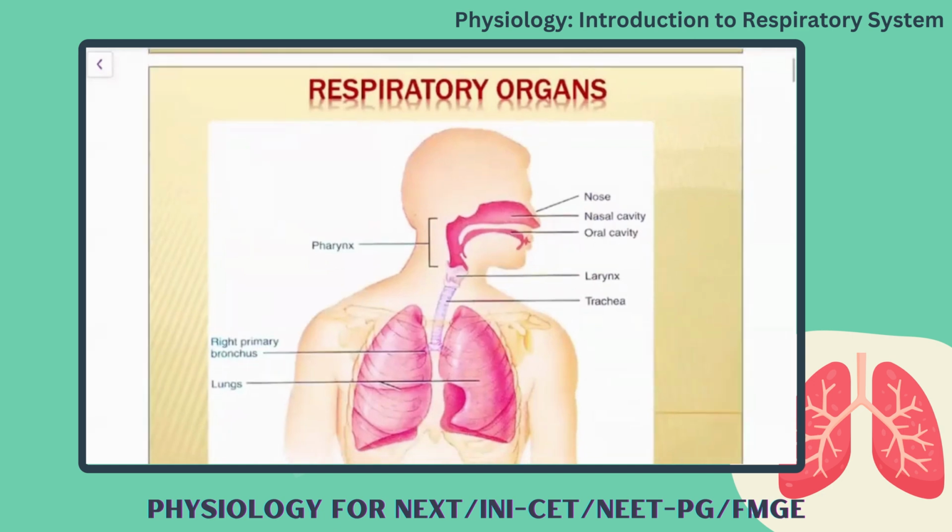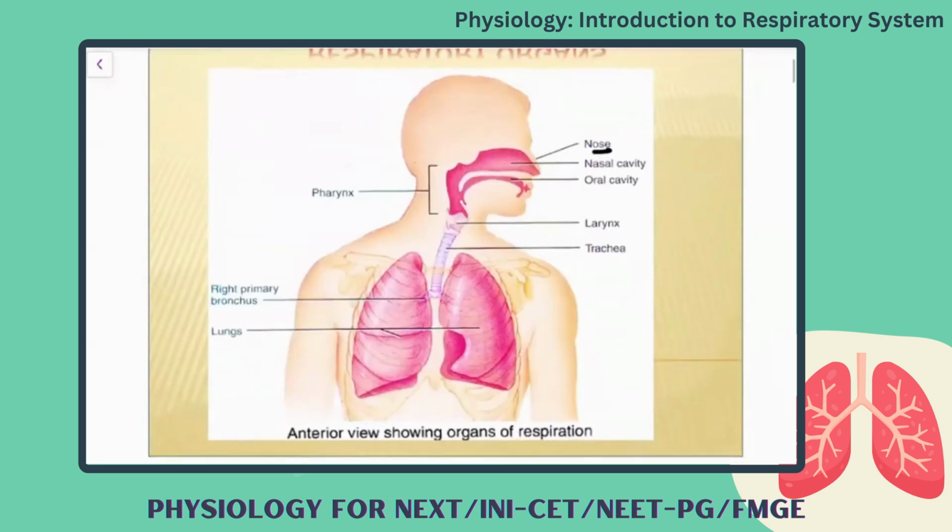First we should know the anatomical structures which are involved in maintaining the physiological functions. They are called the functional anatomy of the respiratory system. The structures involved in the respiratory system start from the nose.